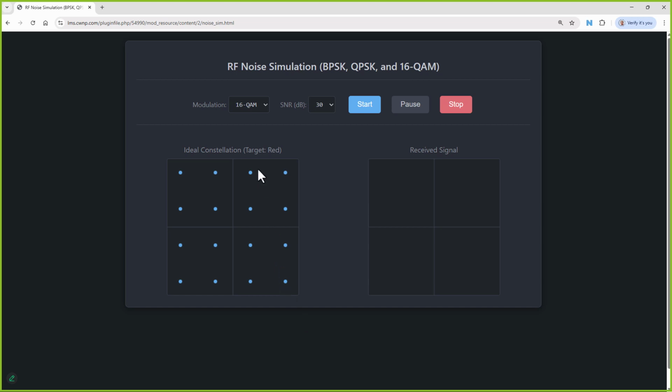All right. So what I've done is I've built here this simulator that allows you to look at, well, let's start with BPSK, binary phase shift keying. And if we start with a great SNR of 30, which a Wi-Fi device, by the way, would not use BPSK if it's performing appropriately with a 30 dB SNR, it would change to a higher modulation rate, right?